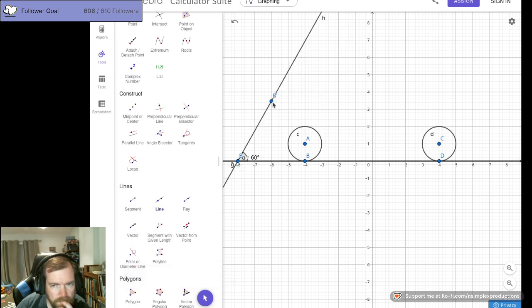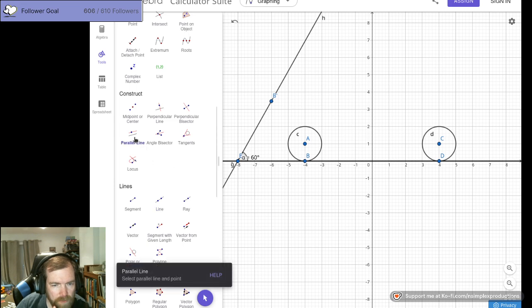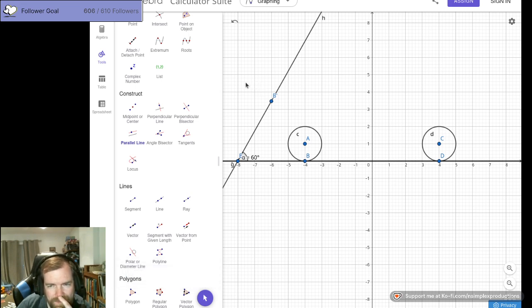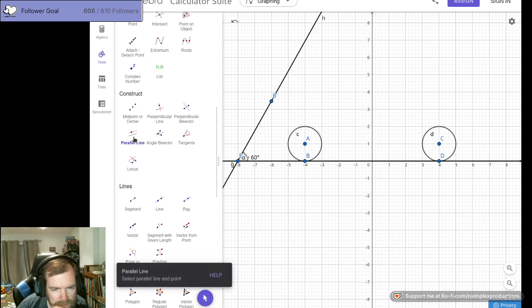Construct a line that goes through those. Construct a parallel line. That's the problem, is I don't know. Line that's parallel here, but connected to... That's not what I wanted. What is it? Select parallel line and point. Have to have a marked point.